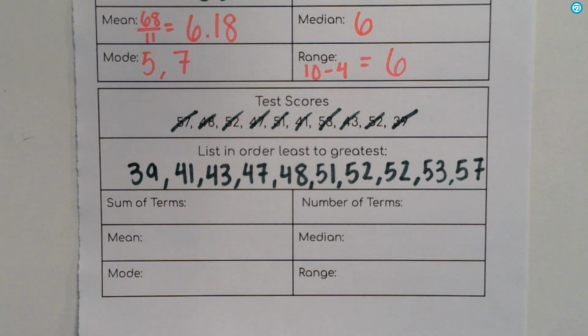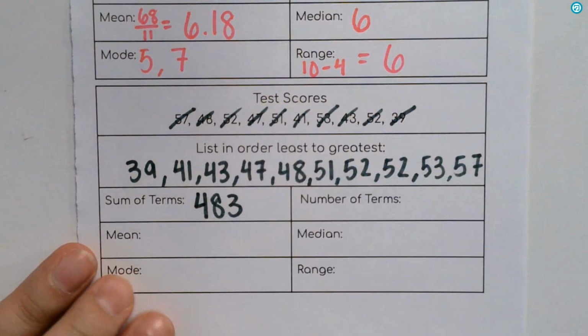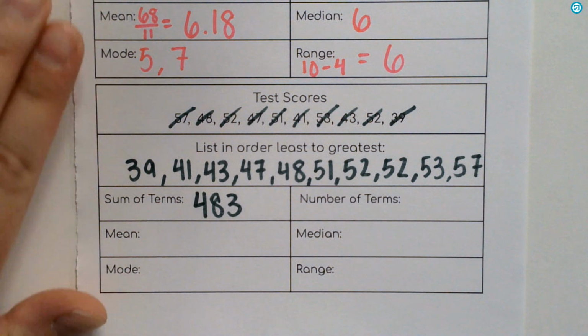Okay. What did we get as our total? 483. That's what I got. Just looking over at a copy of it I did yesterday. Okay, awesome. And we have 10 terms.